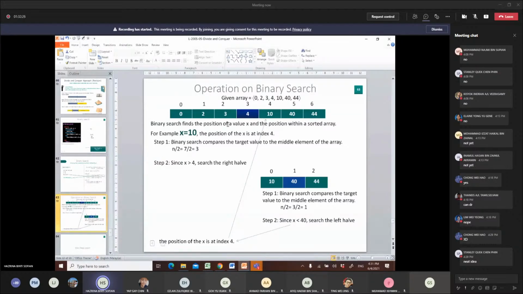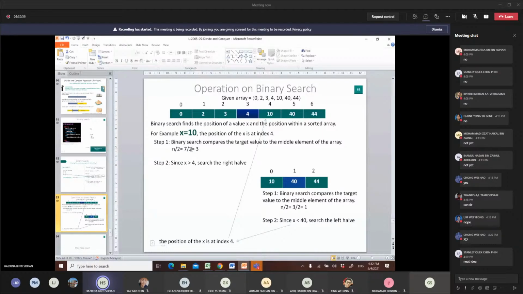For example, we see here a sorted array, and we want to find the value 10. We want to know what is the index of the array that holds the value 10.